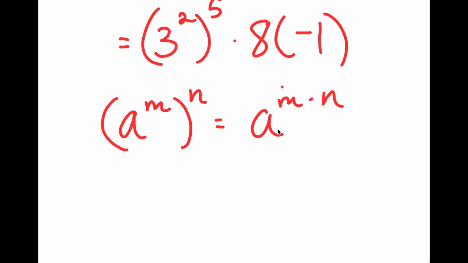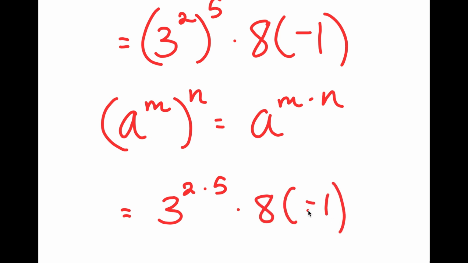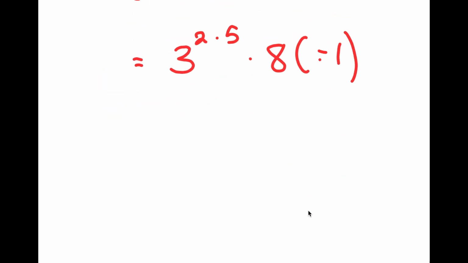So 3 to the power of 2 to the power of 5 is going to equal 3 to the power of 2 times 5. 2 times 5 is equal to 10. So this turns into 3 to the power of 10 times 8 times negative 1.